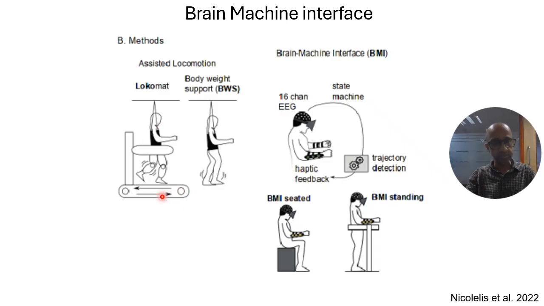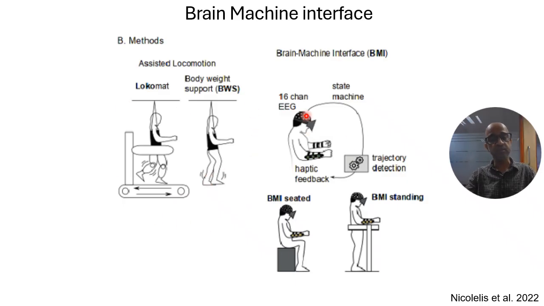And then once you've done that for a sufficient amount of time, you simply support the patient with a body weight support system, and ask the patient to walk around on the ground, and therefore try to recover some movement functionality. So this was the classic way in which people were doing this.